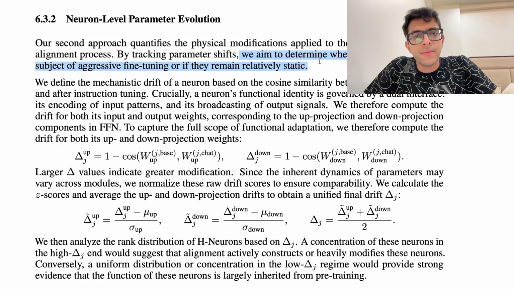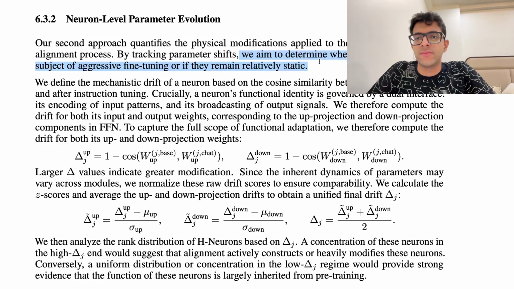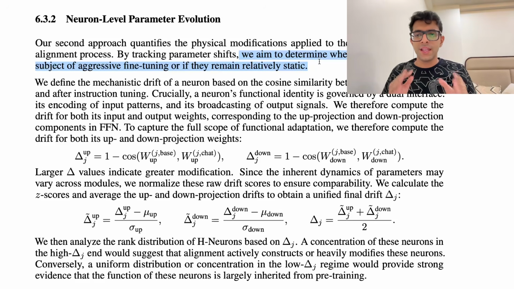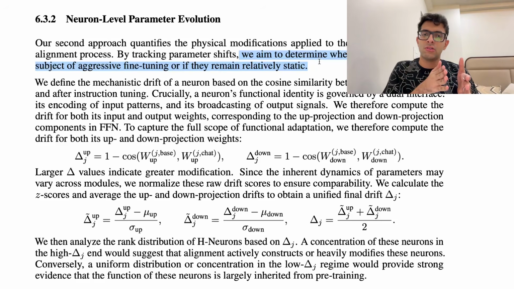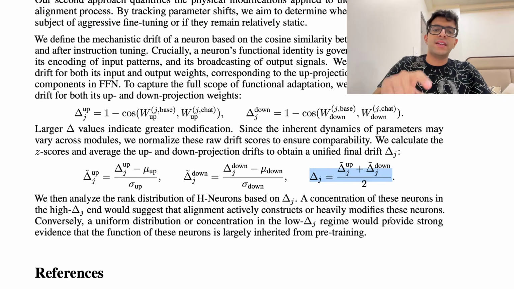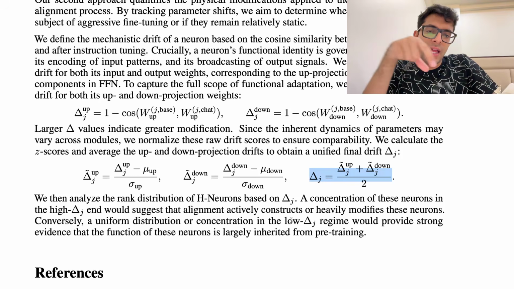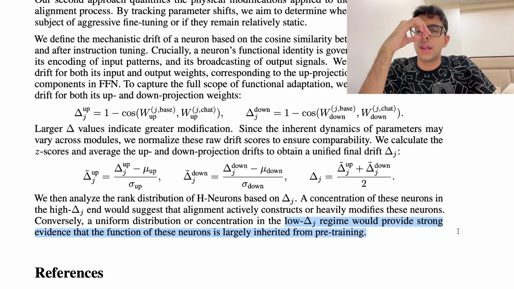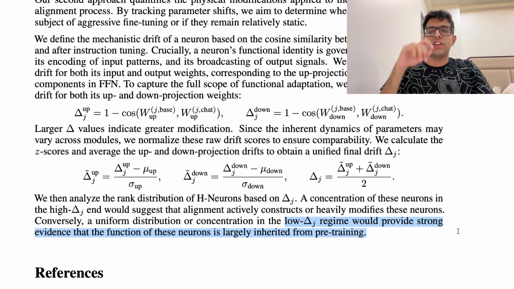They aim to determine whether H neurons are subject to aggressive fine-tuning or whether they remain relatively static. For that, they found the cosine similarity between the weights for the up projection and the down projection and then averaged it out. If that delta is very low, that shows that the neurons are largely inherited from pre-training.